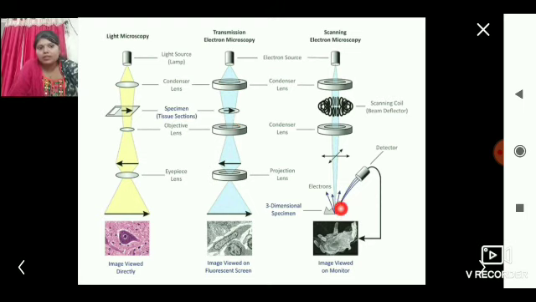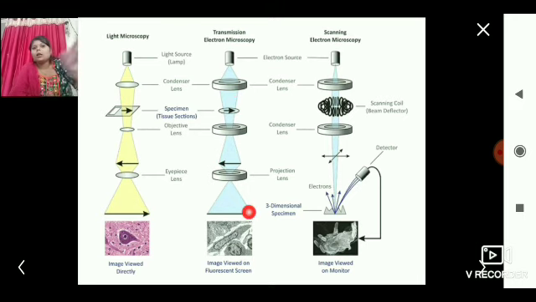The difference is slightly changed here because the refracted rays are collected or detected in the detectors, and then you can see it on the monitor. This is the scanning coil or beam deflector, this is the condenser lens and this is a detector.